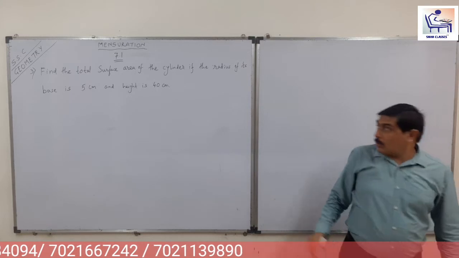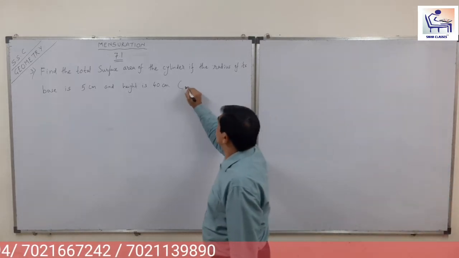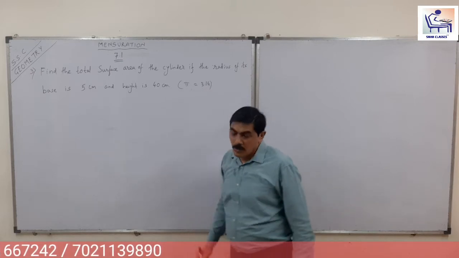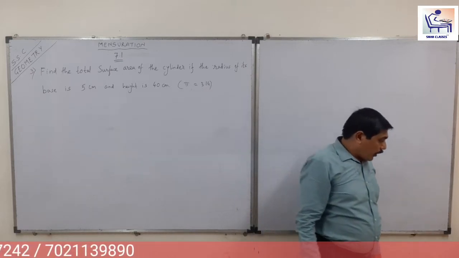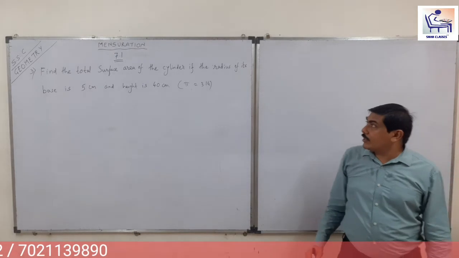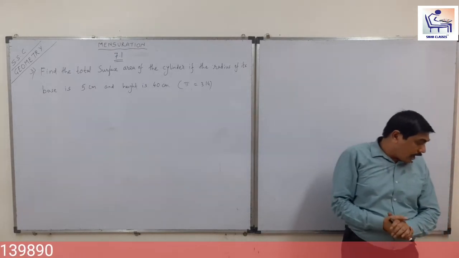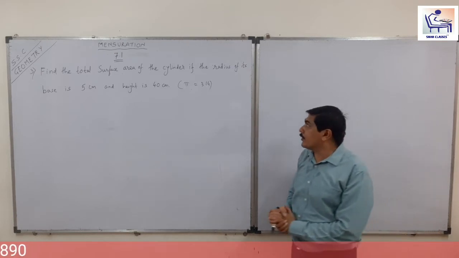Now once again, here also you take the value of pi as 3.14. Okay, so find the total surface area of the cylinder if the radius of its base is 5 centimeter and the height is 40 centimeter.